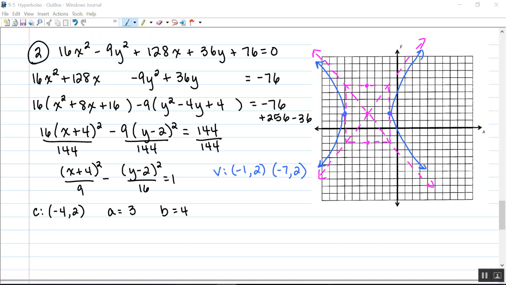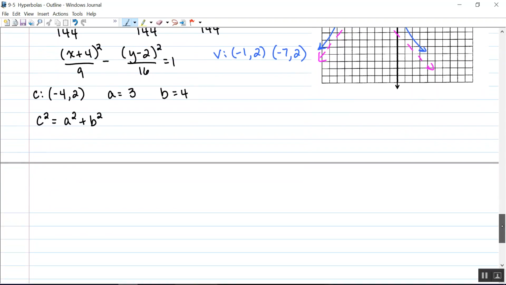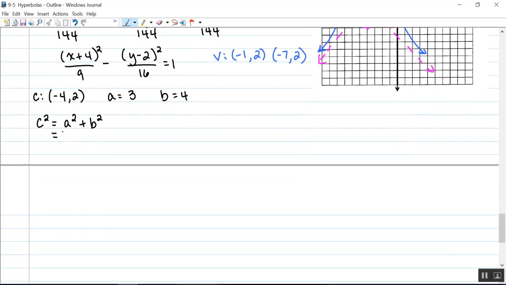And I think I need to find my foci. So remember, to find the foci, we're going to use c² = a² + b². So I need to find c. That's going to be 9 plus 16 is c², which is equal to 25. That's a nice number. So c is equal to 5.